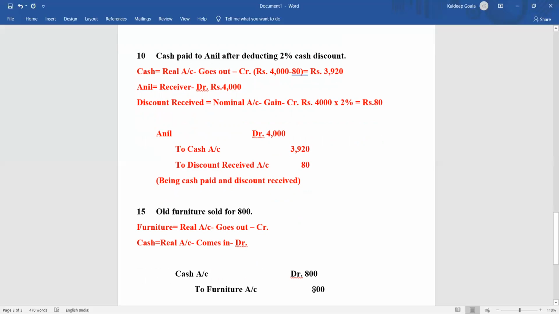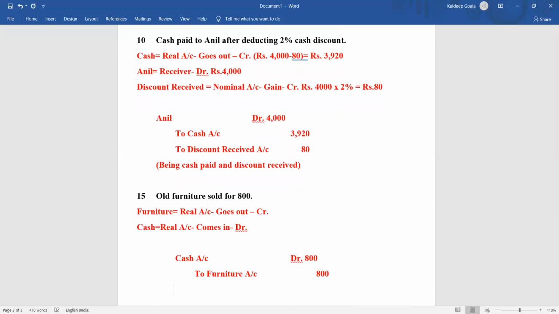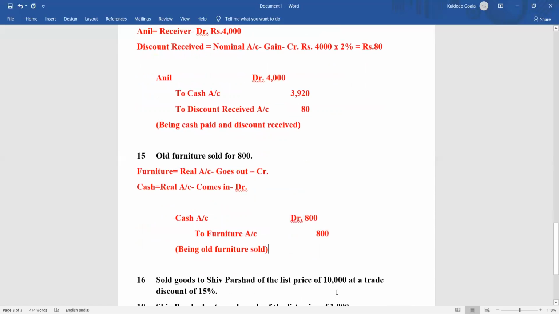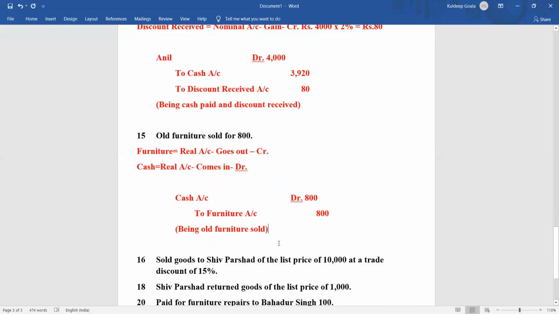So what will be the narration? Being old furniture sold. Always use the word being. Okay, it is not mentioned in your book, but still you use it because it is the most authentic way of showing a narration. Most of the books show it, and it's the way of showing the narration.